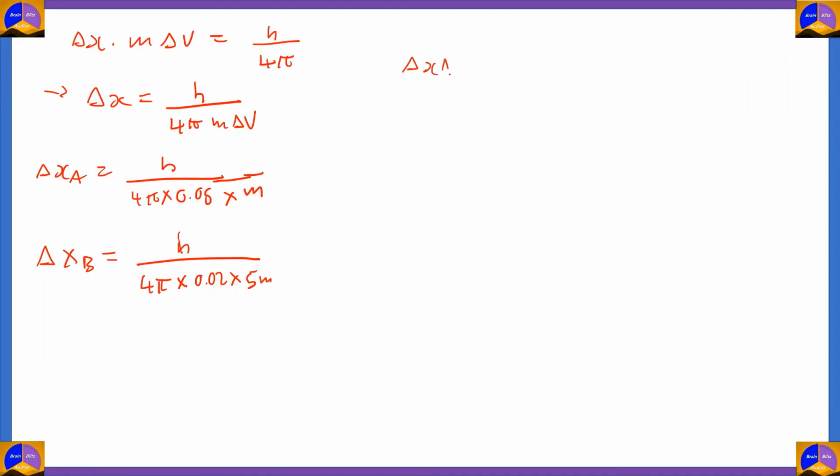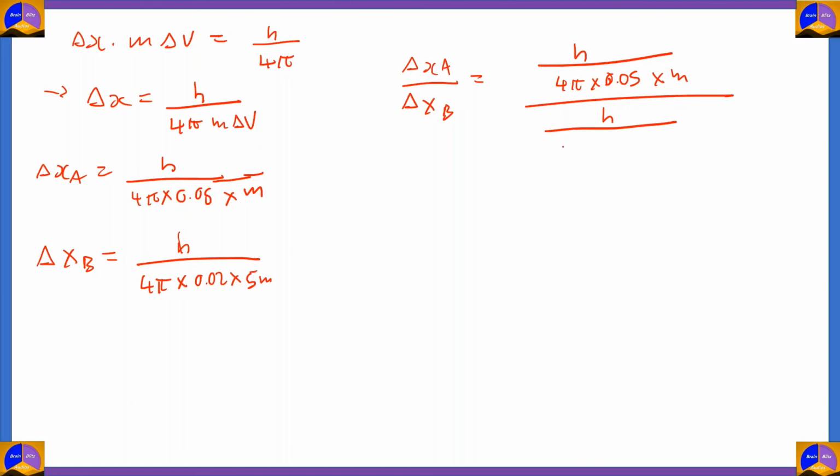So delta XA divided by delta XB is equal to h divided by 4 pi into 0.05 into m, whole divided by h divided by 4 pi into 0.02 into 5m. h gets cancelled, 4 pi gets cancelled, m gets cancelled.